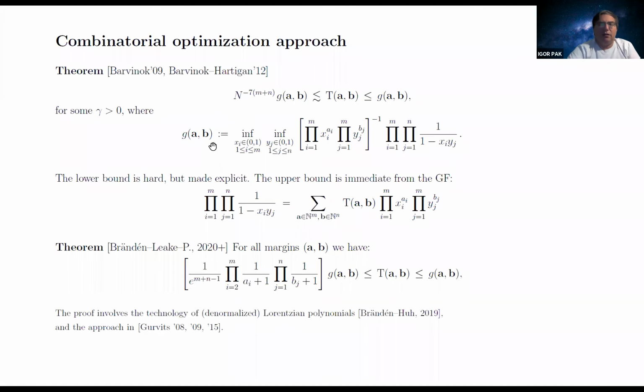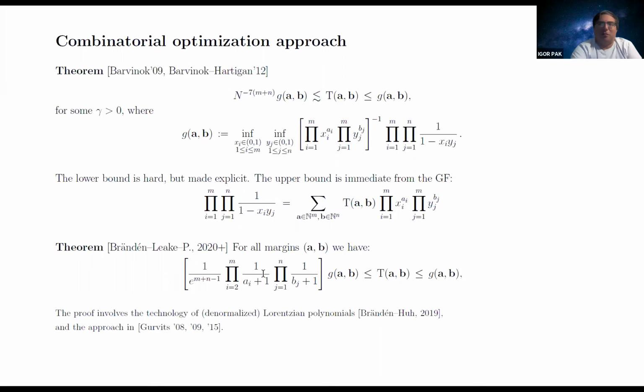One should compare this theorem with our most recent result. This is a theorem I proved with Peter Brändén and Jonathan Leake just earlier this year, where instead of this asymptotic term, Barvinok gets an explicit formula, we get a much nicer product. It's not immediately obvious that this is a better bound than that, but it is.